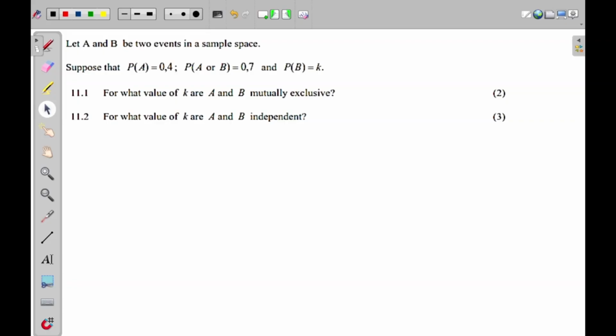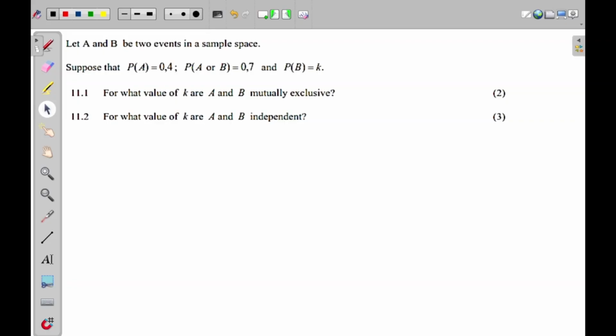For what value of K are A and B mutually exclusive? Question 11.2. For what value of K are A and B independent?